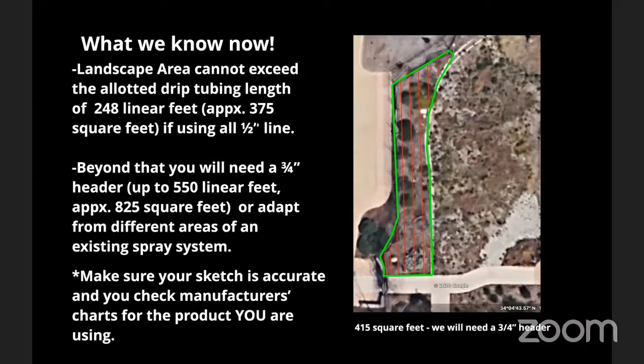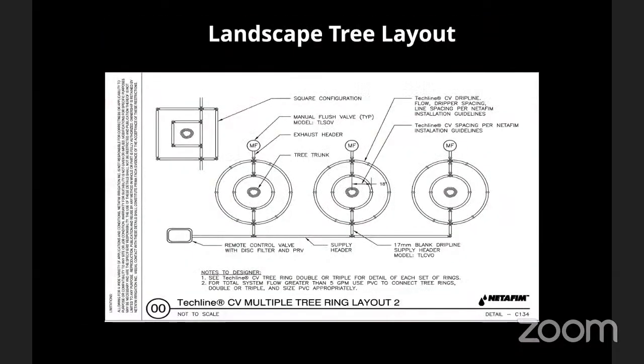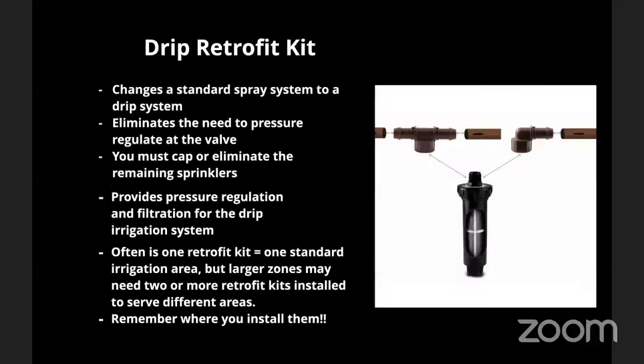If you are looping the system, it can be a little bit bigger, but you're still going to be no more than about 450 square feet. So you can basically think each one of these can cover, if it's going in one direction and not looped, 375 square feet. And you're probably good for up to about 450 square feet for each one of these off of here.